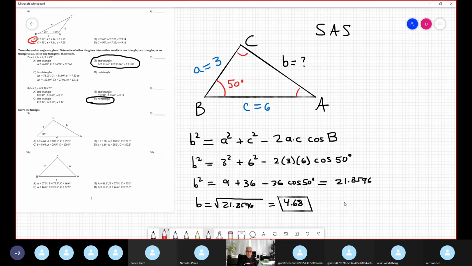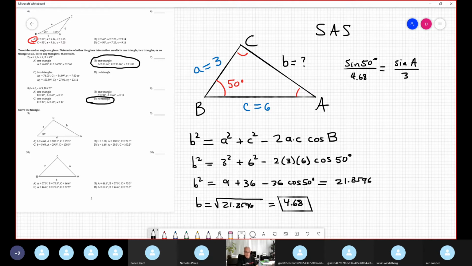So for example, sine 50 divided by b, where b is 4.68, which I computed before, equals sine A divided by a, which is 3.